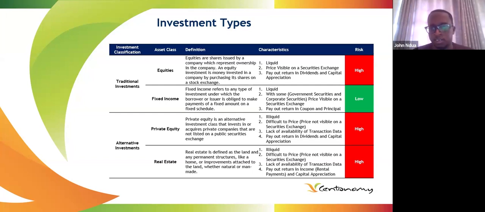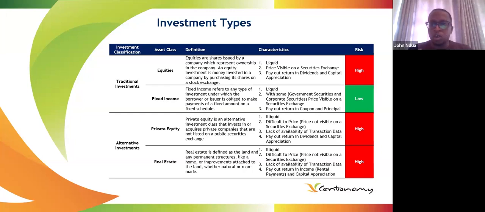So what are equities? Equities are also known as shares and also known as stocks. You might find across those different terms, but they refer to the same thing. Equities are basically ownership in a company. And since we are talking about traditional investments, these are ownership in public companies.